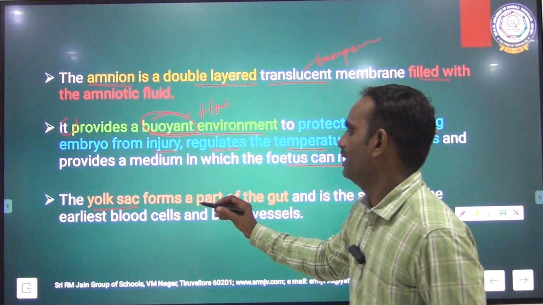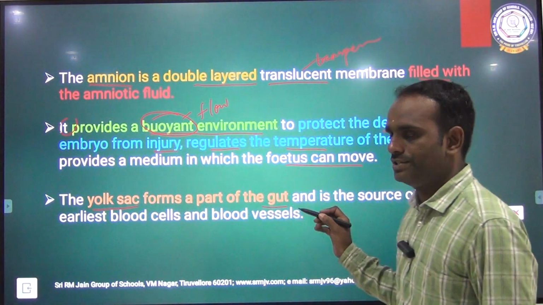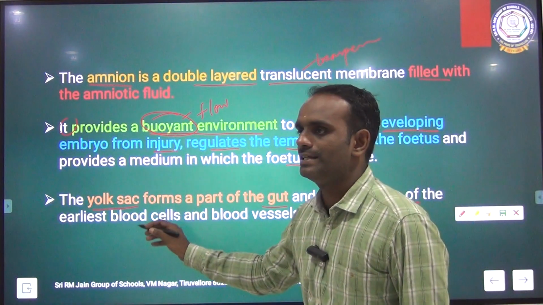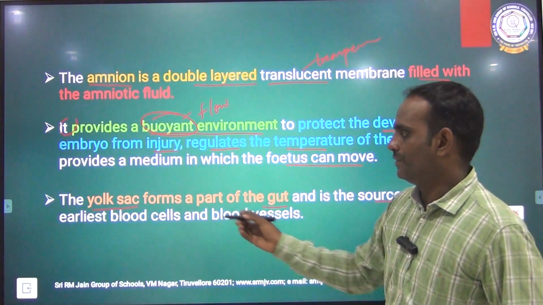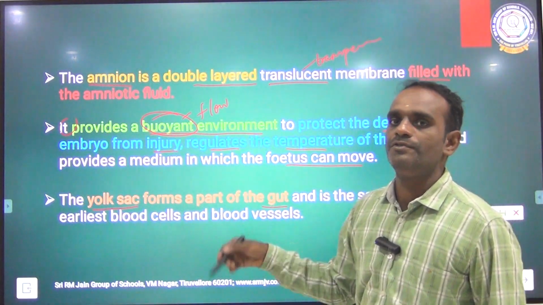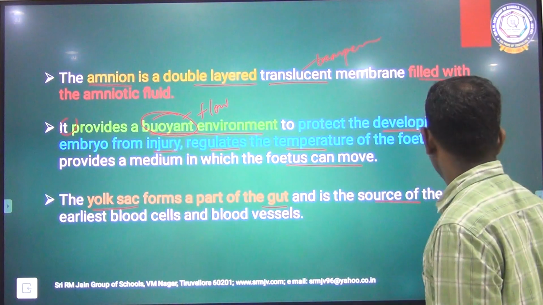The yolk sac forms part of the gut, and it is the source of the earliest blood cells and blood vessels. So from the yolk sac only the blood cells and blood vessels are going to form.